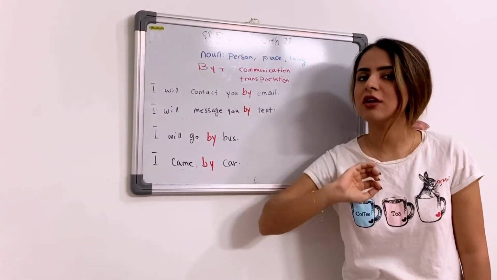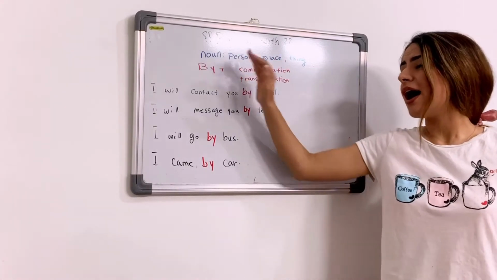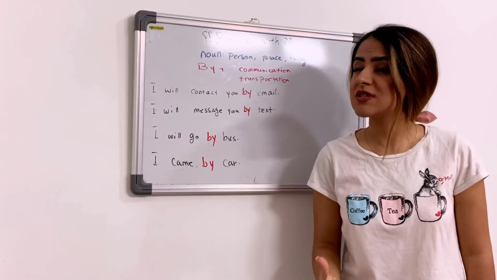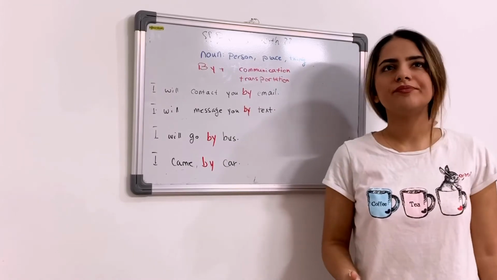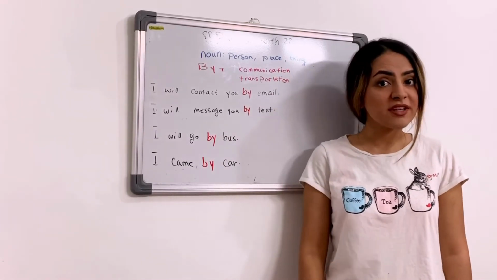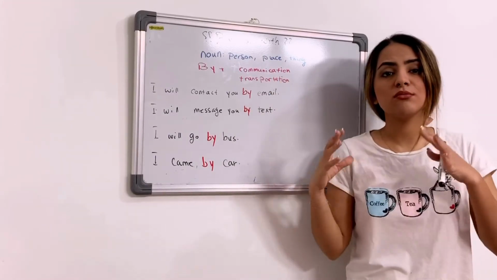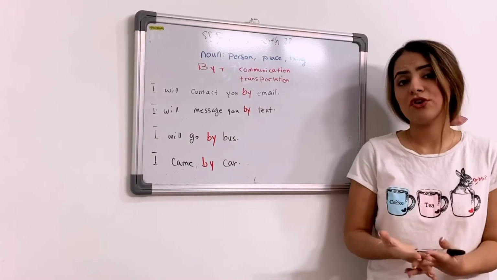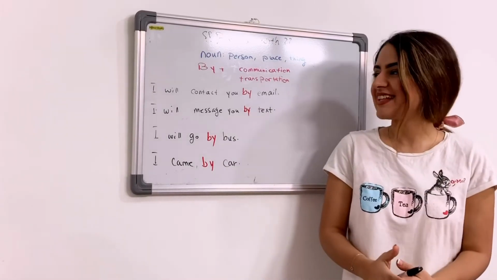No a, no the. Remember this. We have many more examples and exceptions with by, but I can't cover them all in just one video, but these are the most general and the most basic rules of how to use by in a sentence.